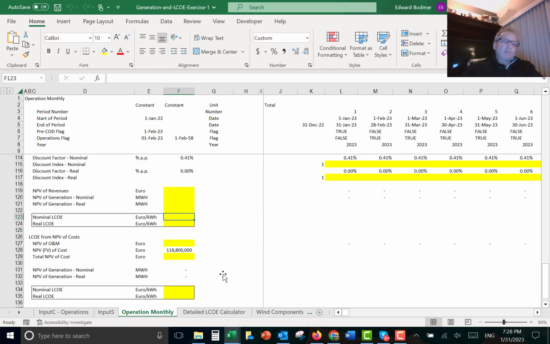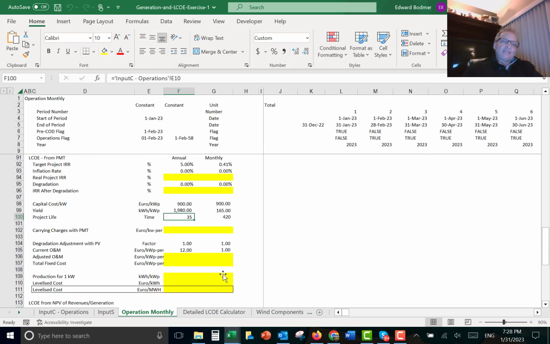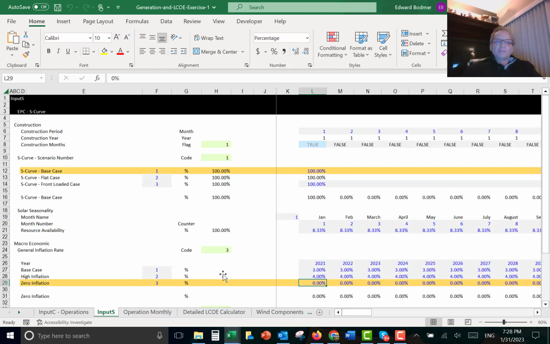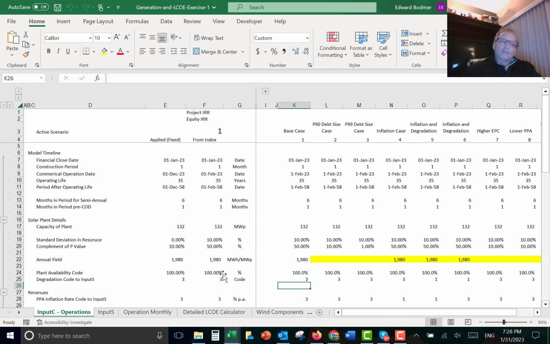We have some LCOE analysis, and we have 3 different methods of computing the LCOE, which we're going to reconcile against a project finance model. Okay, and I'm going to again introduce this business, which I think is a big deal, that we have the scenarios.